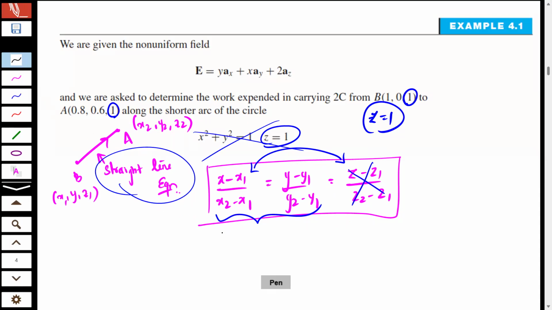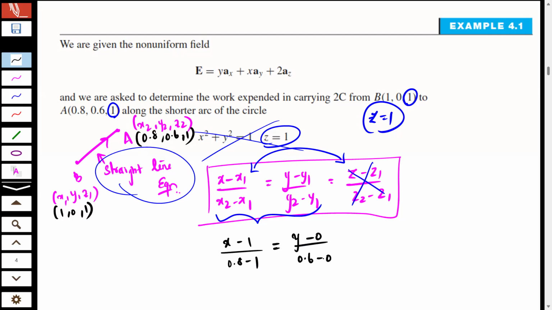So let us write here x minus x1 is 1, 0, 1. I'll write the coordinates also. So x minus 1 divided by 0.8 minus 1 equals y minus 0 divided by 0.6 minus 0.